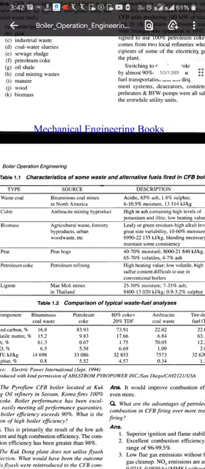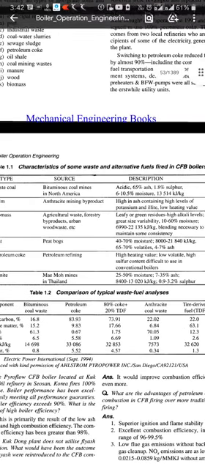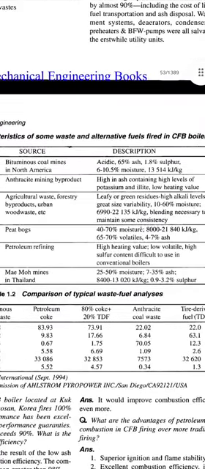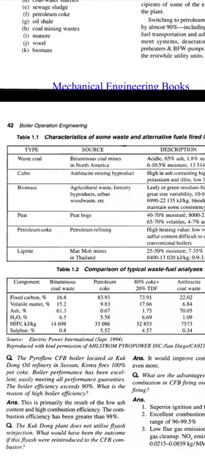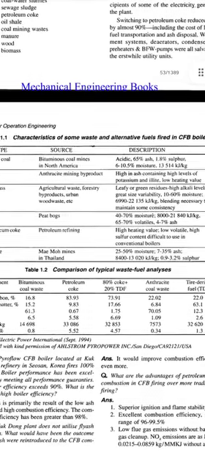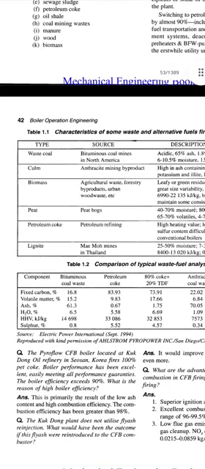Description: about 65% ash, acidic, 1.8% sulfur, 6 to 10.5% moisture, 13,514 kilojoule per kilogram. And culm, an anthracite mining byproduct, high in ash content, high levels of potassium and halide, low heating value.